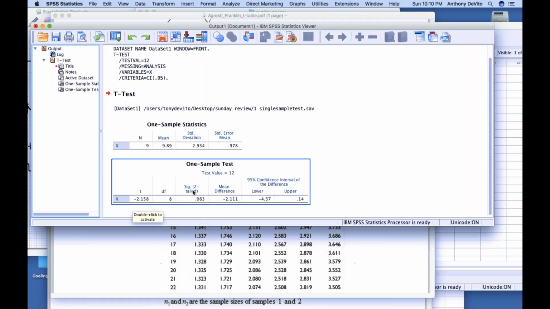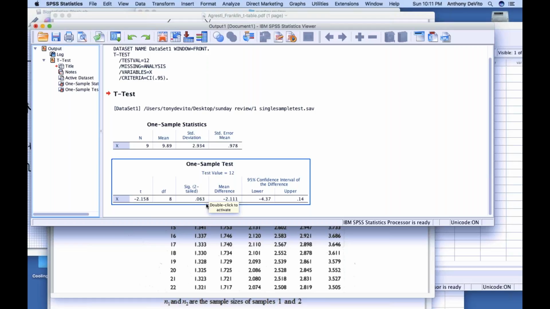But notice that our probability of being wrong if we reject the null hypothesis, in other words, how frequently we would expect this kind of outcome, is 6.3% of the time, even if the sample was from the same population as the mean, right? So our chance of being wrong is 6.3% or 0.063, which is greater than 0.05.